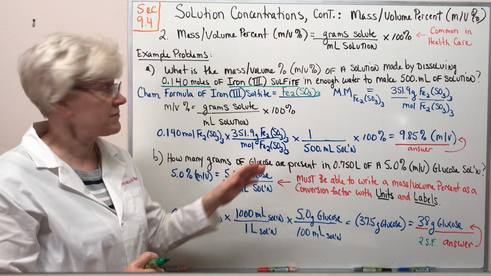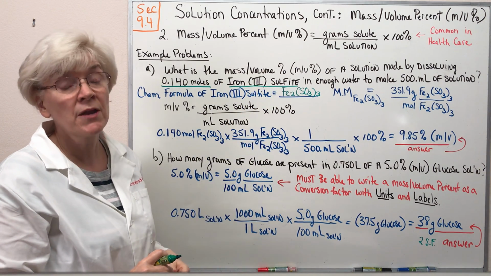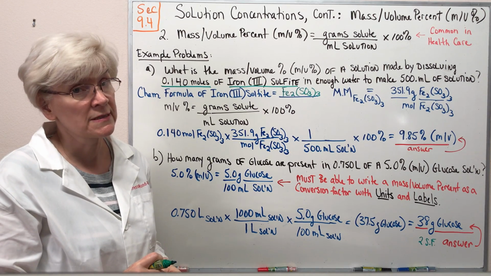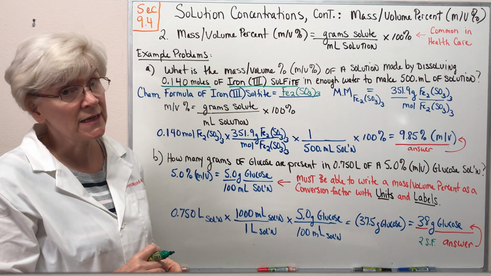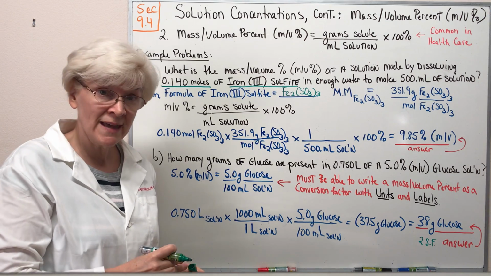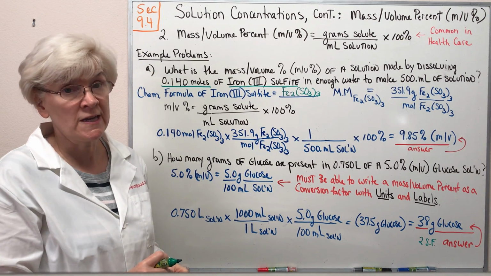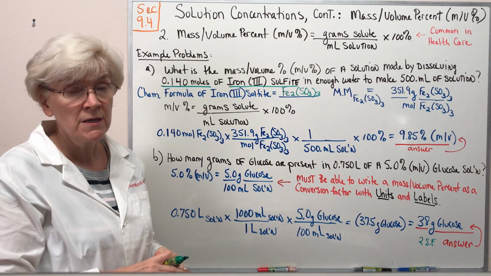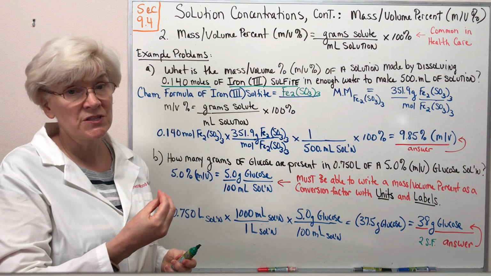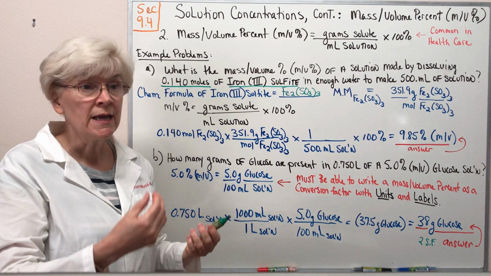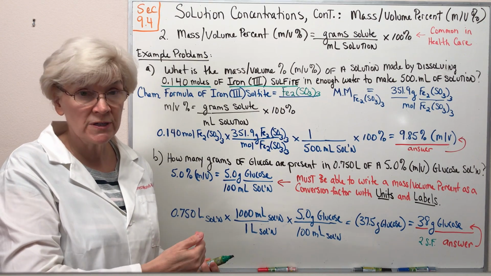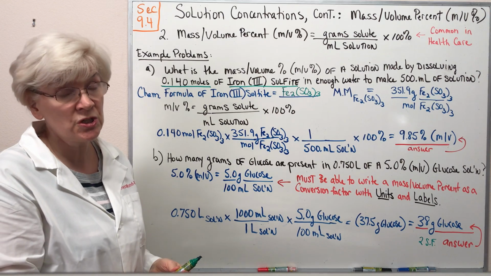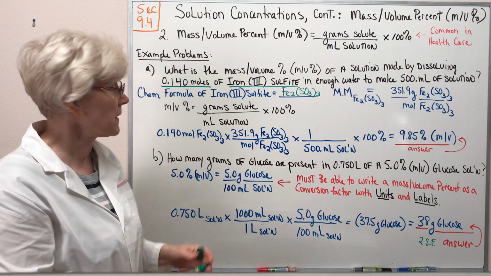So you're going to have to be able to take that name and write the chemical formula based on your nomenclature skills. That will be necessary in order to come up with the molar mass of iron 3 sulfite that you need to go from moles to grams. So notice the connectedness of this problem. It integrates concepts that you've learned in previous chapters that you have to apply to this solution concentration problem.